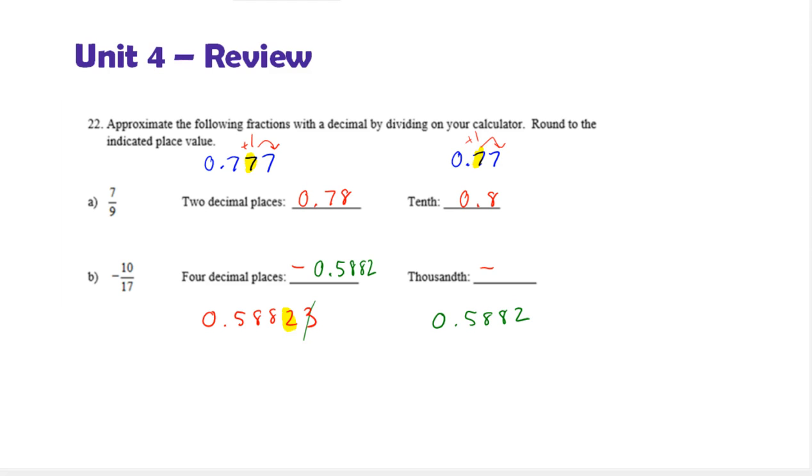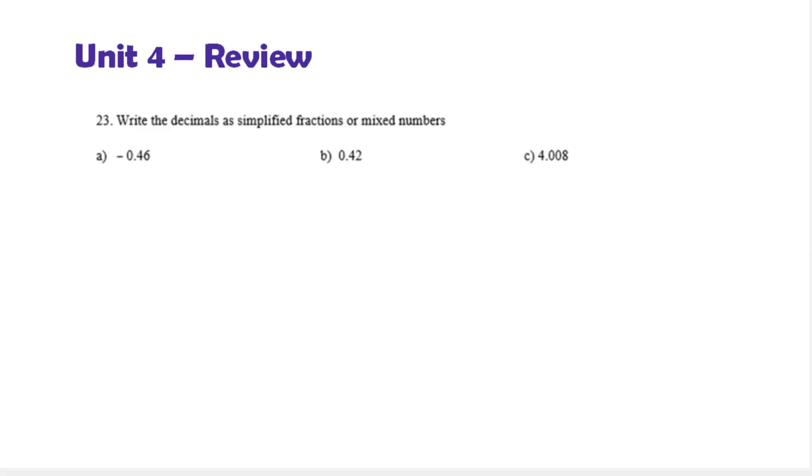I want to round to the nearest thousandth. Now 2 is less than 5, so I'm not going to round up. I'm going to round down, which means I just drop that 2. I don't add 1 to the 8, and I have negative 0.588. Let's look at the next problem.